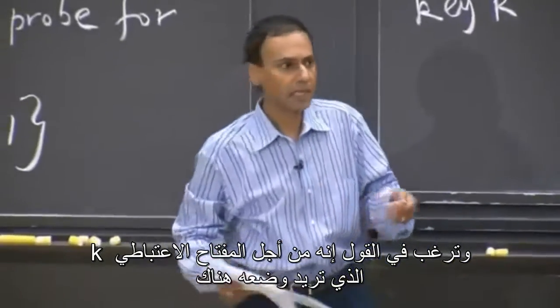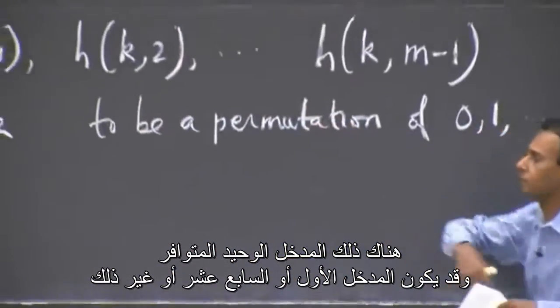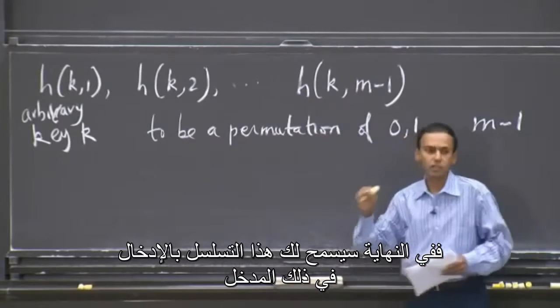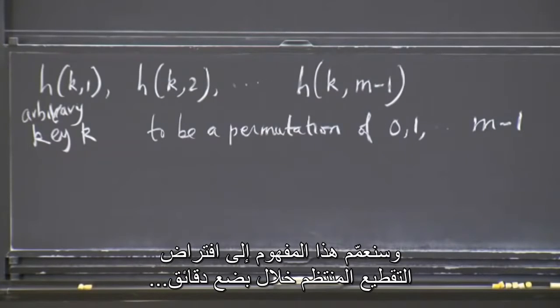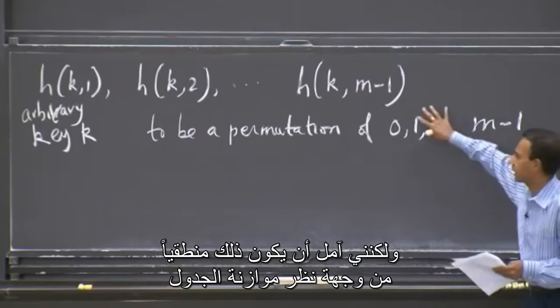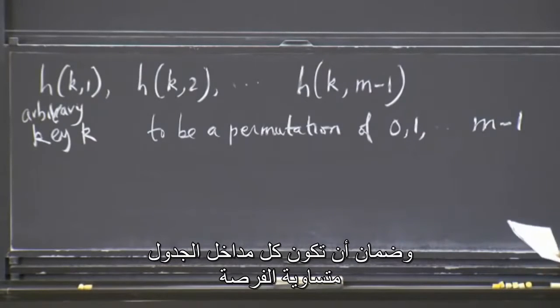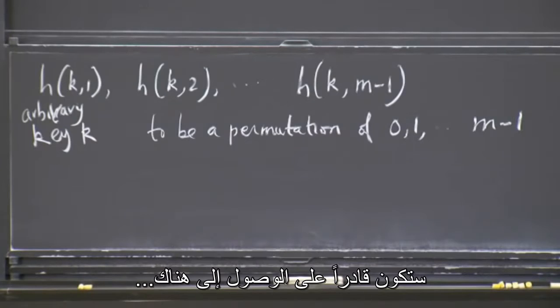What you want to be able to say is that for this arbitrary key k, that one slot that's free, and it could be the first slot, it could be the 17th slot, whatever, that eventually the sequence of probes is going to allow you to insert into that slot. All right? And we'll generalize this notion into the uniform hashing assumption in a few minutes, but hopefully this makes sense from a standpoint of really load balancing the table and ensuring that all slots in the table are sort of equal opportunity slots, okay? That you're going to be able to put keys in them as long as you probe long enough that you're going to be able to get there.